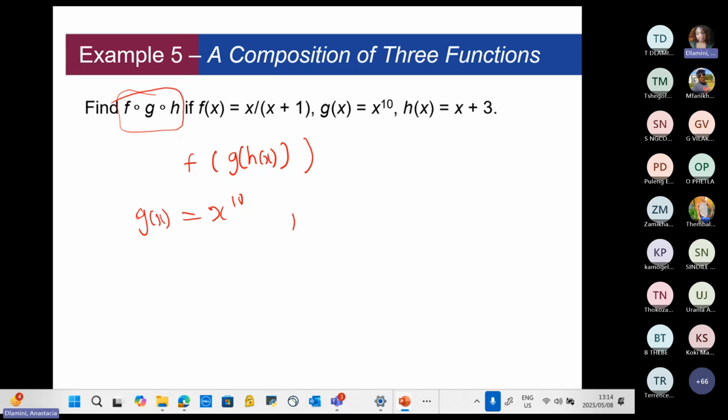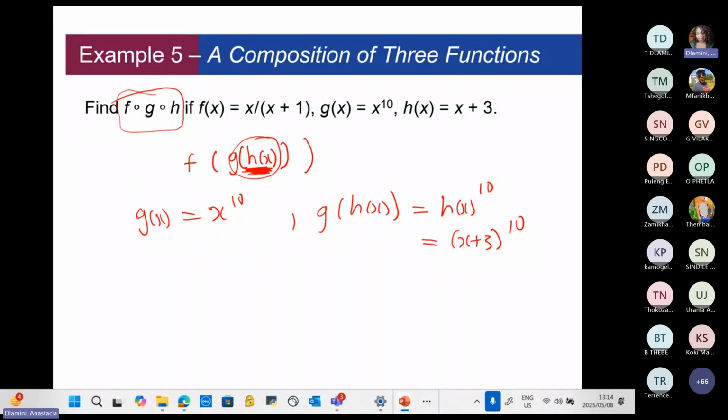Here, what is inside G of x? H of x, which is x plus 3. And then we add the exponent 10.